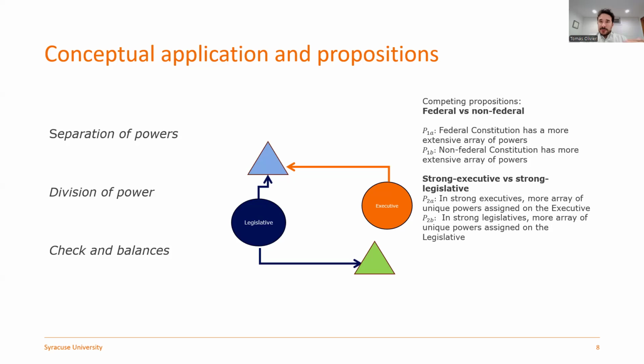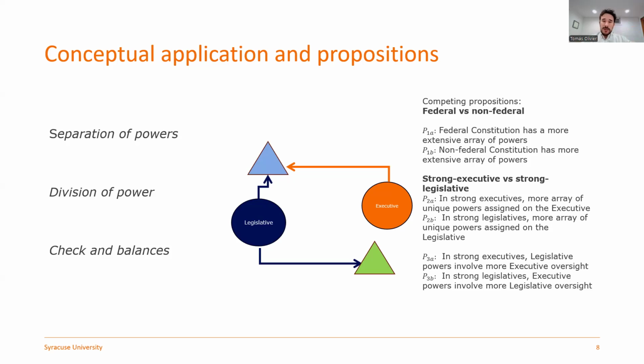And then the subsequent set of propositions argues that in a strong executive, because the executive should have a higher array of unique powers, the powers that are attributed to the legislative would be focused mainly around legislative oversight. Whereas in a strong legislative, the converse would occur.